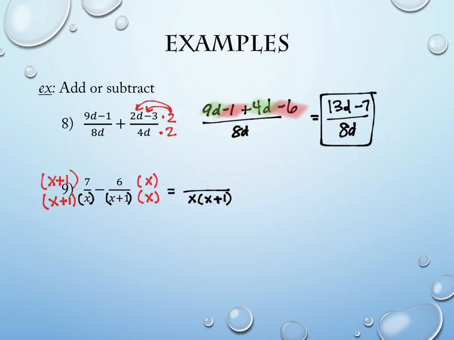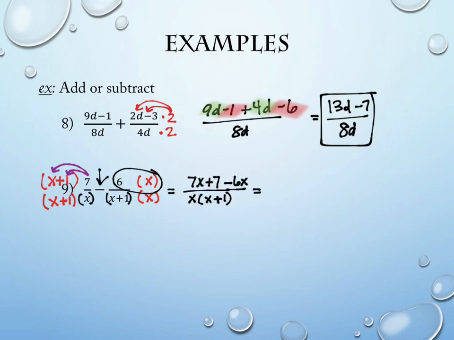Now, on this other piece here, we're going to distribute the 7 through to the x plus 1, or you could say the x plus 1 each gets multiplied by 7. So I have 7x plus 7. And then this piece is, of course, 6x, but it's negative. So negative 6x.